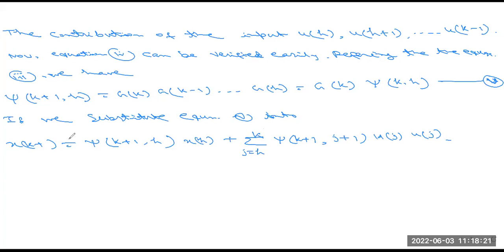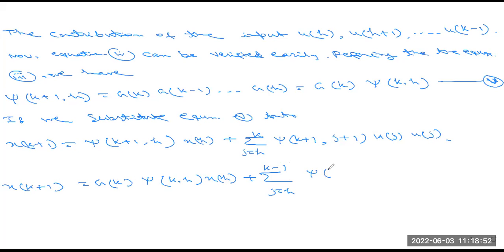So next, x of k plus 1 is equal to G of k psi of k comma h, x of h, plus a summation of j equal to h to the power k minus 1, maximum power, psi of k plus 1 into j plus 1 into h of j, plus a summation of psi of k plus 1 into h of k.